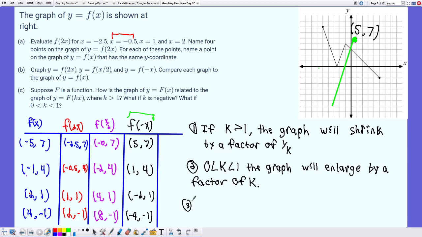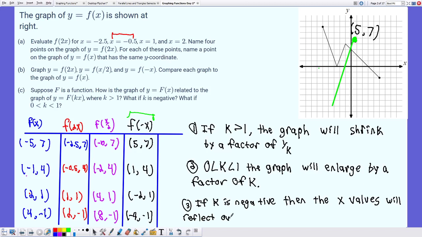And then the last thing we know is that if k is negative, then the x values will reflect over the y-axis.